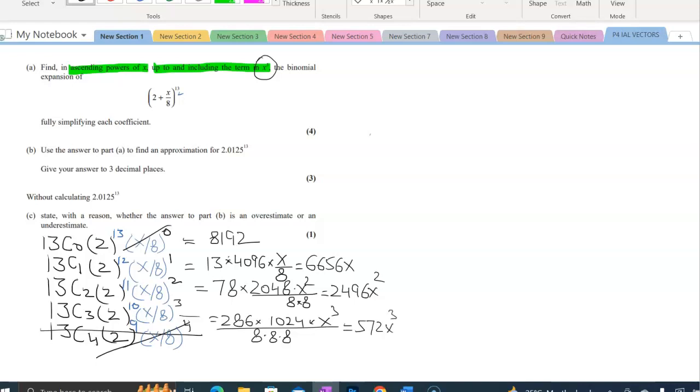So the answer of this question is 8192 plus 6656x plus 2496 x square and then 572 x cube.